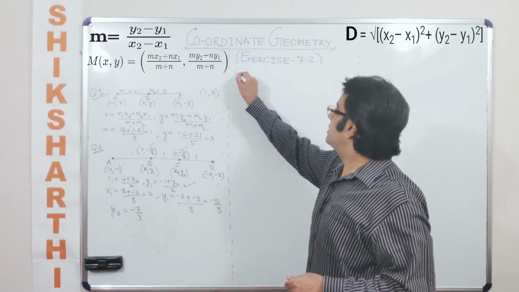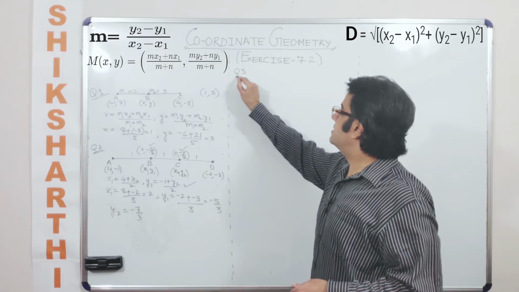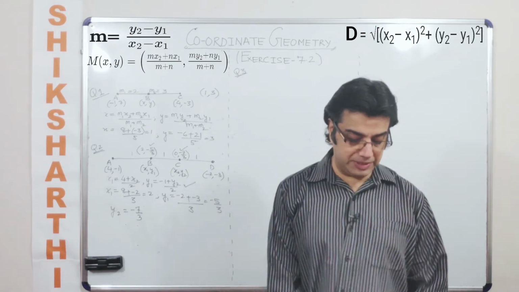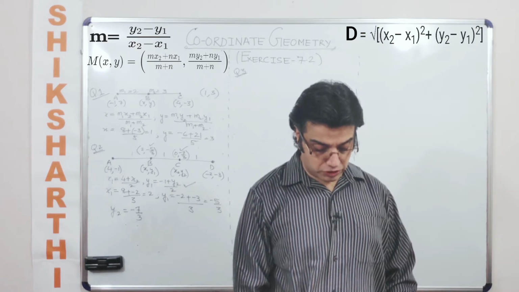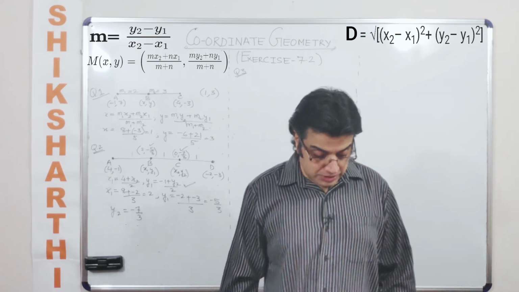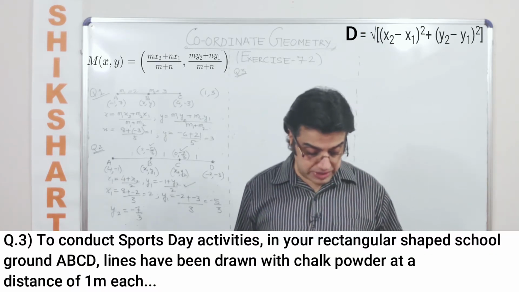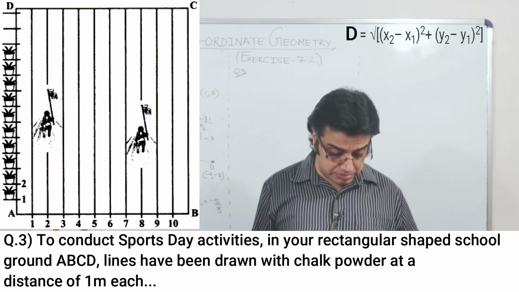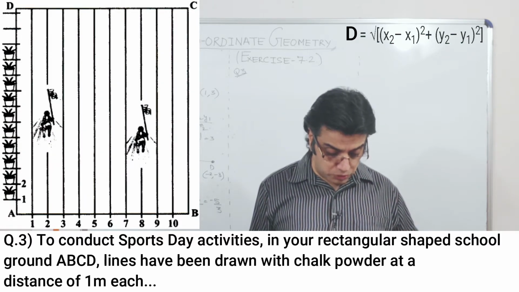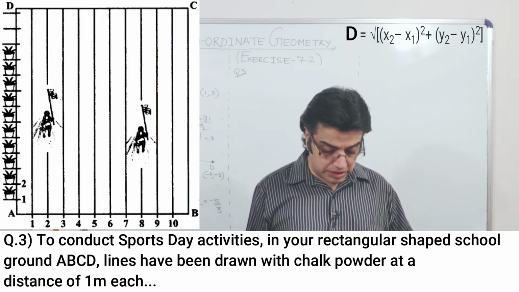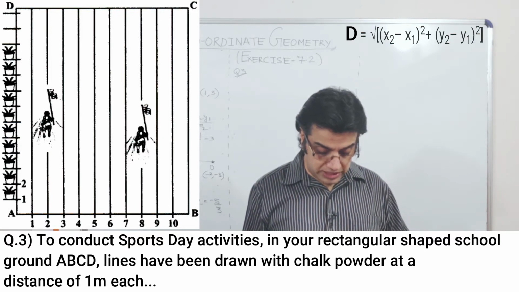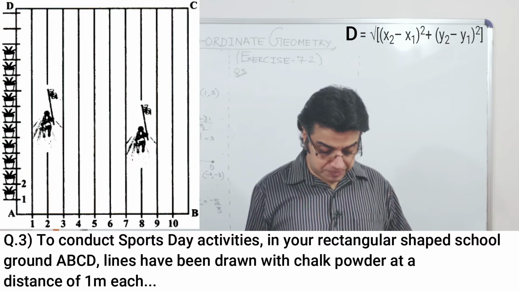Talking about question number 3. Now, when I see question number 3, apparently this seems to be quite a big question. Let's see whether it is really big or not. To conduct sports day activities in your rectangular shaped school ground, the school ground has been given in terms of a rectangle shape.